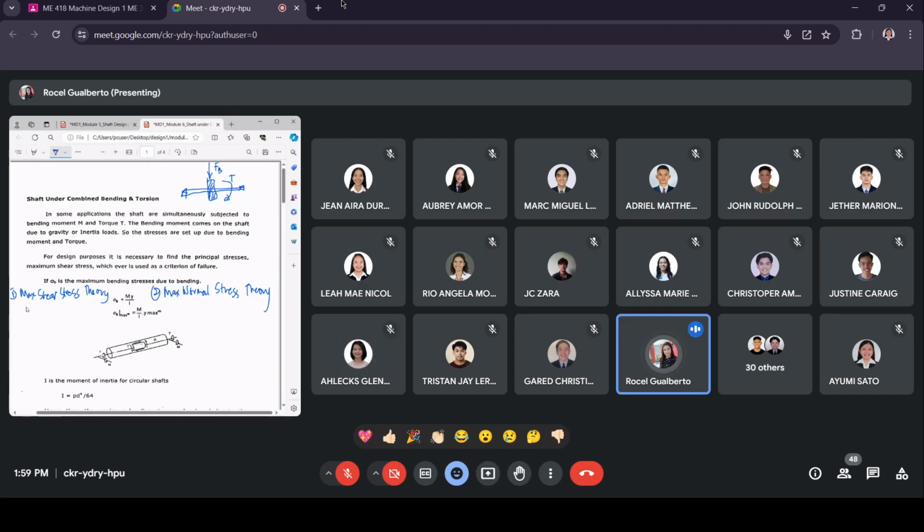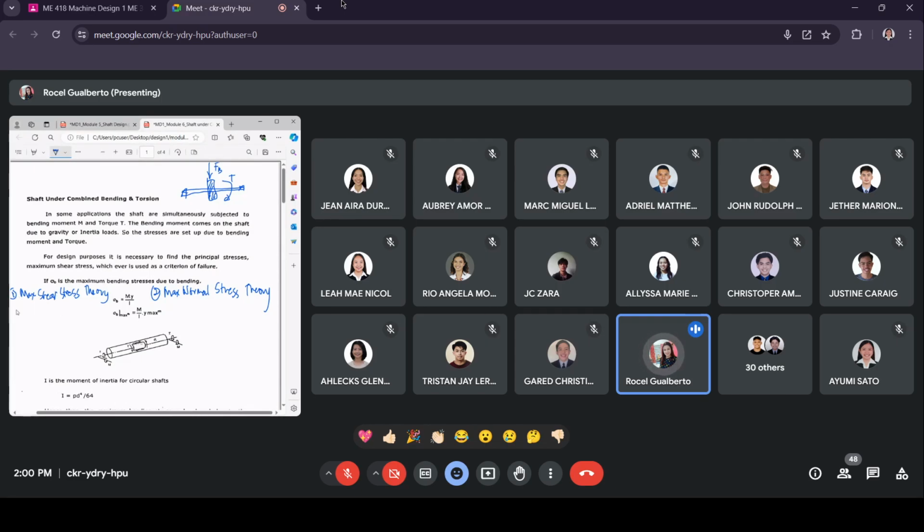So, the maximum shear stress theory says that failure will most likely occur on combined loads due to the twisting. So the dominating stress is the torsional shear stress as compared to that of bending. So that is the maximum shear.